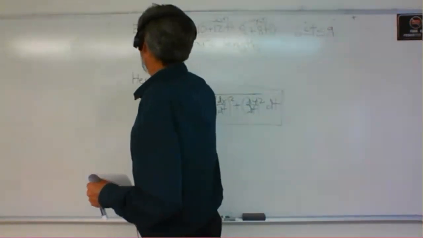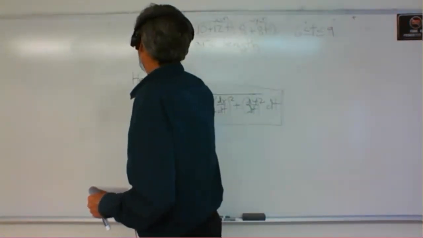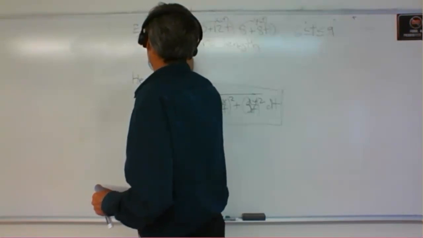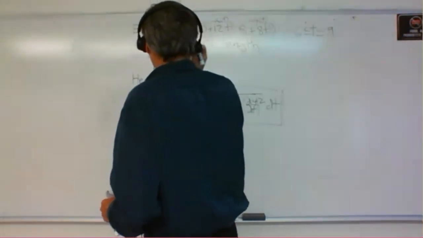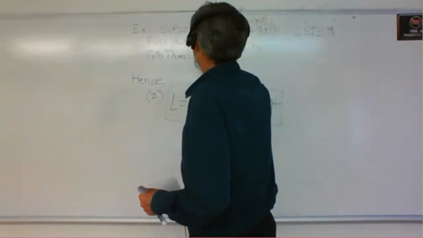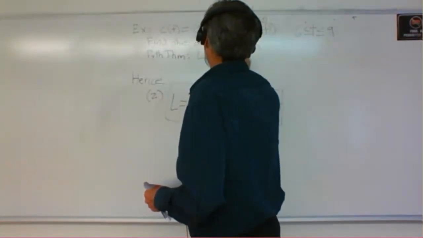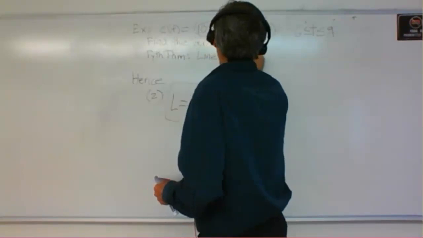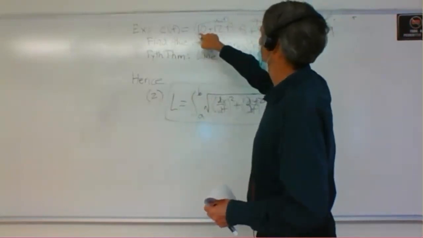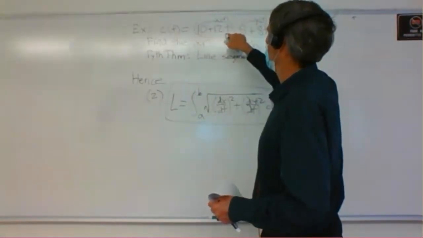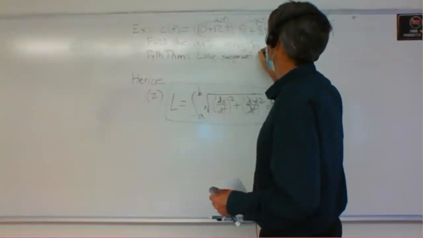We could use the Pythagorean theorem and calculate it to check. So, the line segment: for the first point, we put in t equals 6, and we get 10 plus 12 times 6, which is 82.